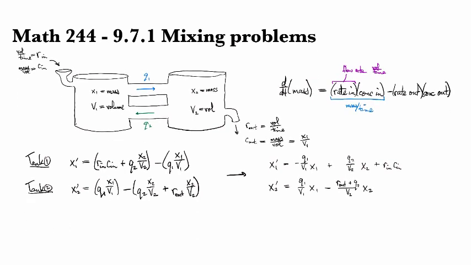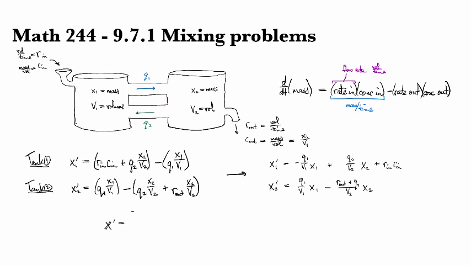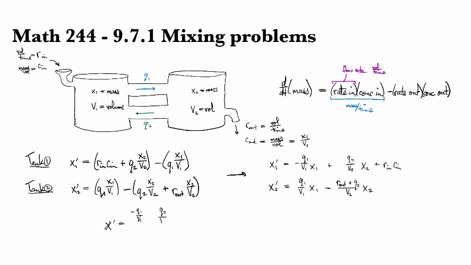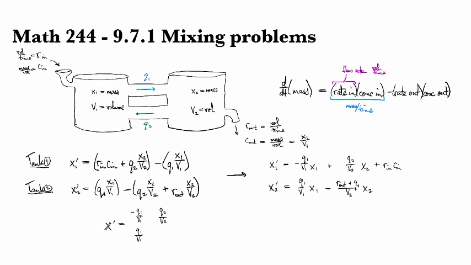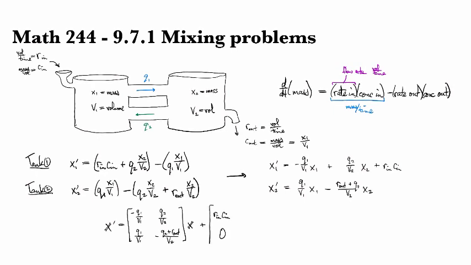You can see that we set this up as a matrix equation with x prime given by the matrix with entries minus Q1 over V1, Q2 over V2, Q1 over V1, and minus Q2 plus R out over V2, multiplied against x, plus our forcing function R in C in, 0.